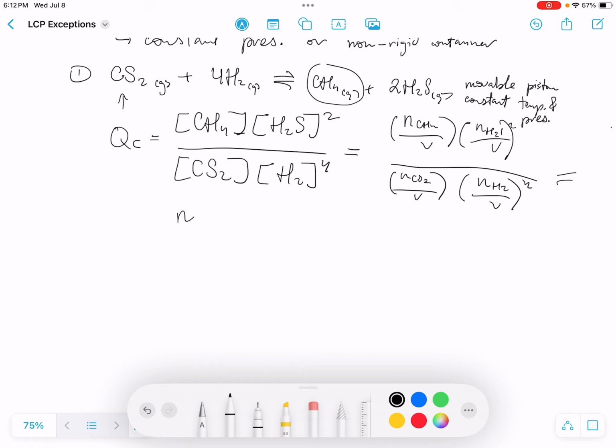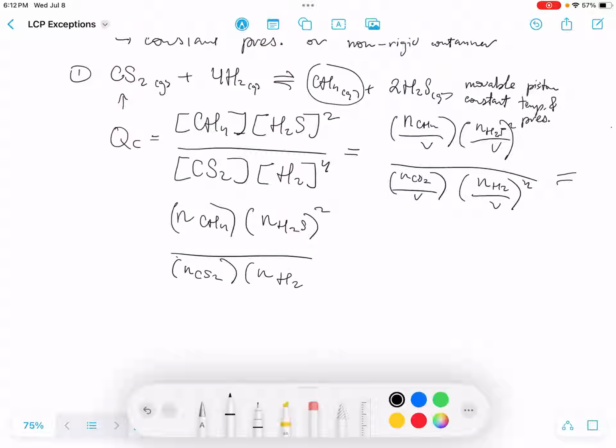So if we have just the moles of CH4 times the moles of H2S squared over the moles of CS2 times the moles of H2, that should be to the fourth, okay?